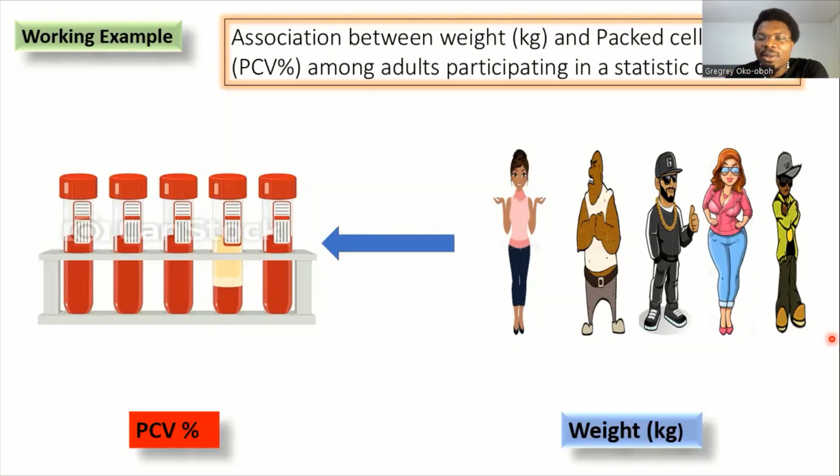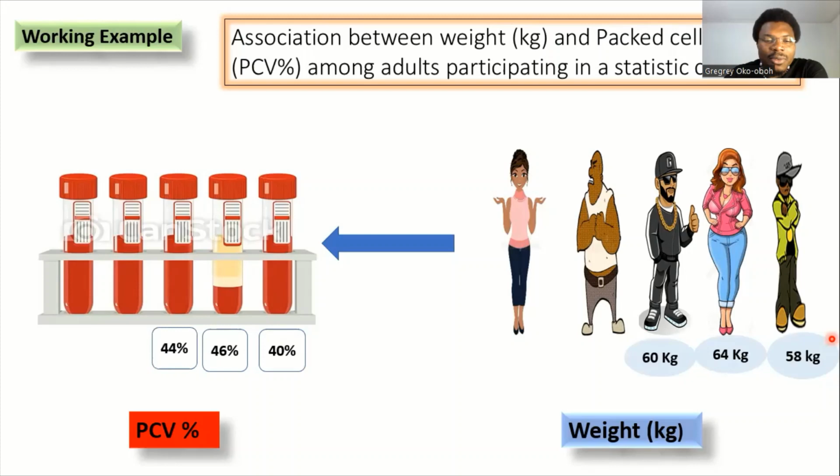So the first individual participant has a weight of 58 kg with a PCV of 40%. Second individual has 64 kg and a PCV of 46%. The third, 60 kg, PCV of 44%. The fourth, 70 kg, PCV of 49%. And the fifth, 45 kg with a PCV of 41%.